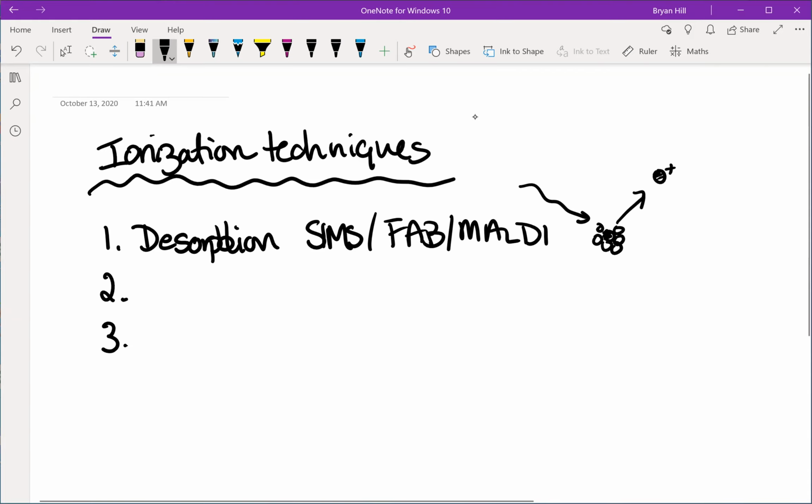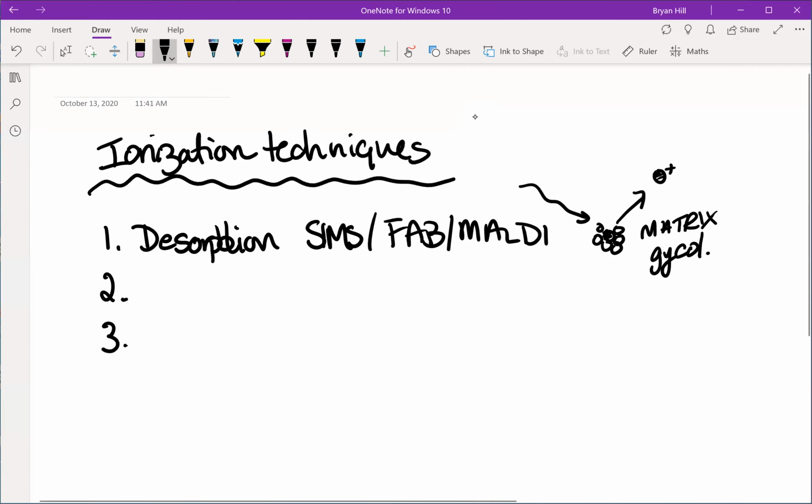And so this was used for basically larger molecules that you couldn't put into the gas phase. And the matrix tended to be things like glycol, or varieties of glycol, thiol glycol, that sort of stuff.